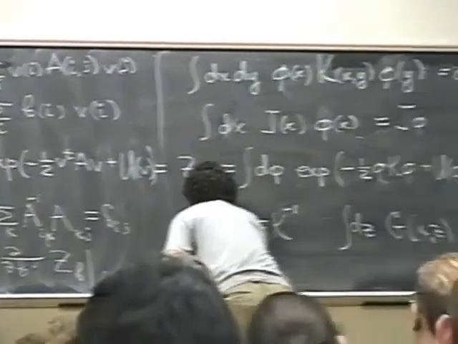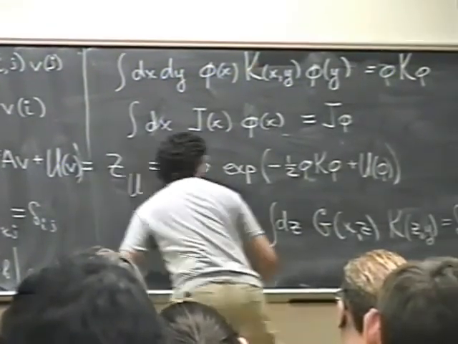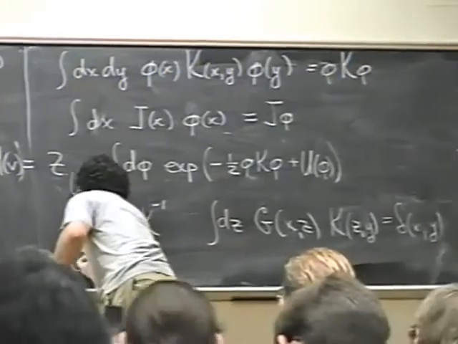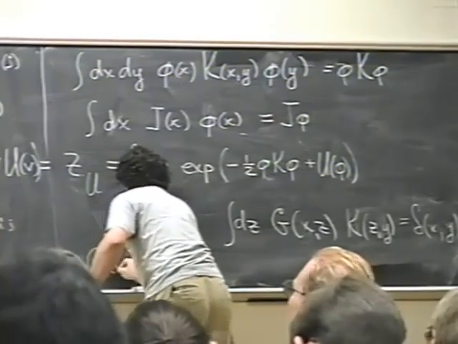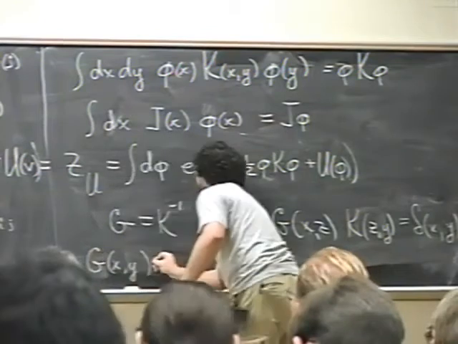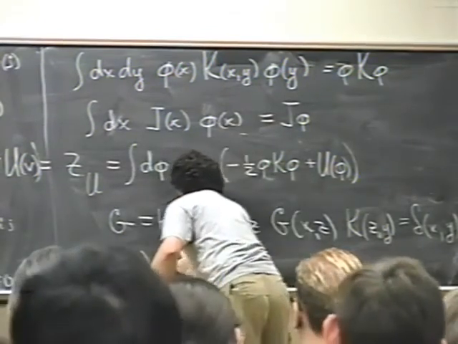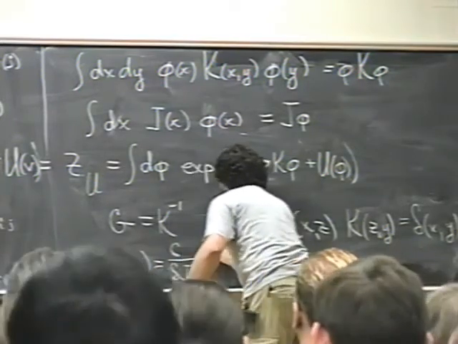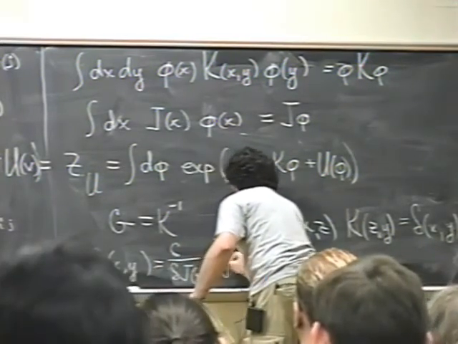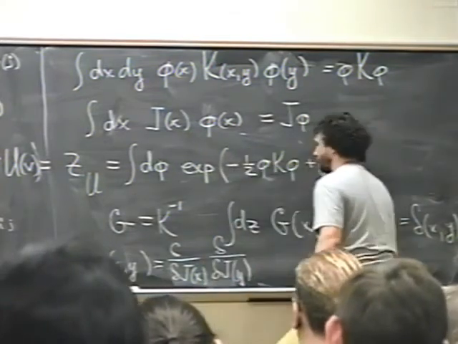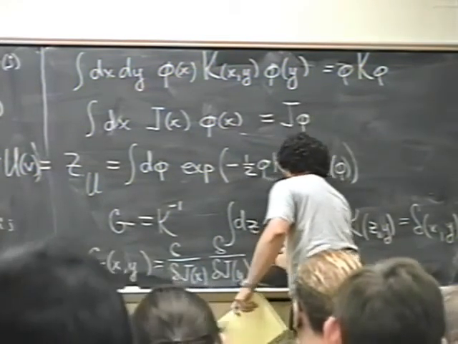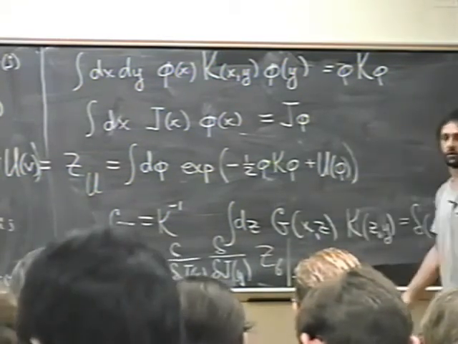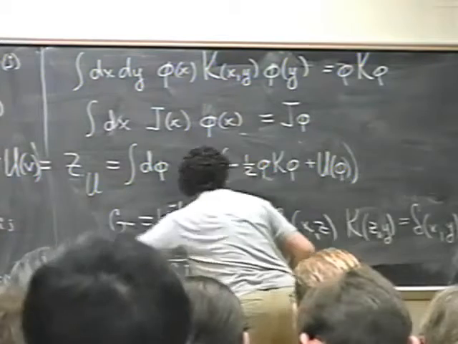It will be G(x, y), which means the derivative d/dJ(x) d/dJ(y) of Z_B at B equal to 0.